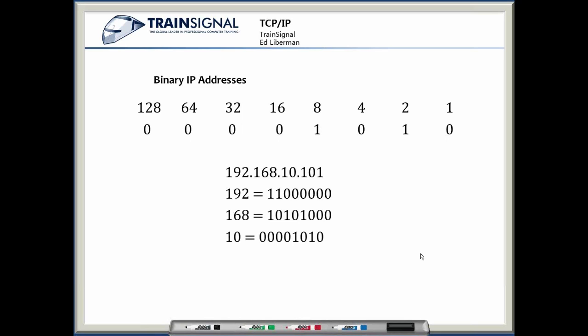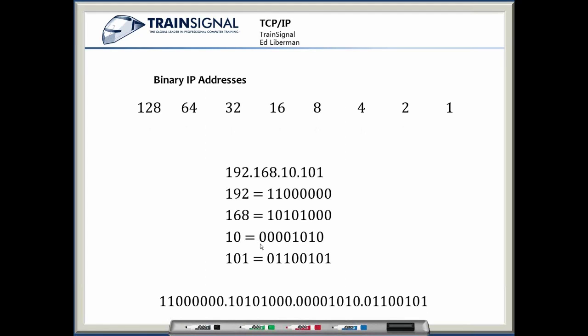By the way, when dealing with IP addresses, each number is specifically 8 bits. So even though 10 really converts to just 1010, you need to put the preceding zeros. You've got to make it 8 bits long. And then 101 is 01100101.